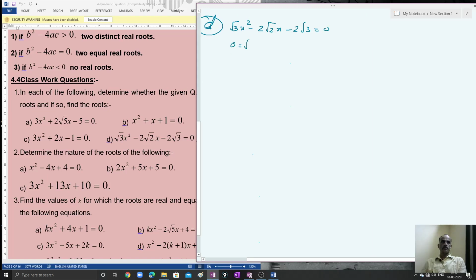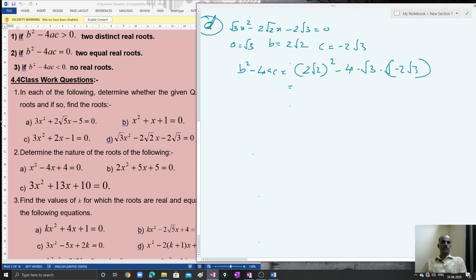A is equal to root 3, b is equal to minus 2 root 2 and c is equal to minus 2 root 3. b square minus 4ac is equal to 2 root 2 whole square minus 4 into root 3 into minus 2 root 3.